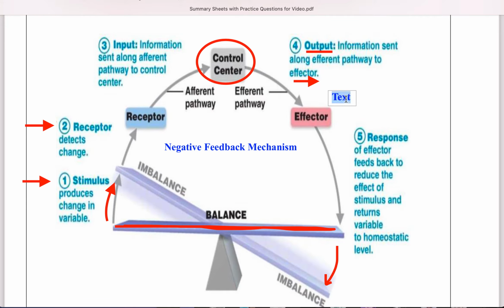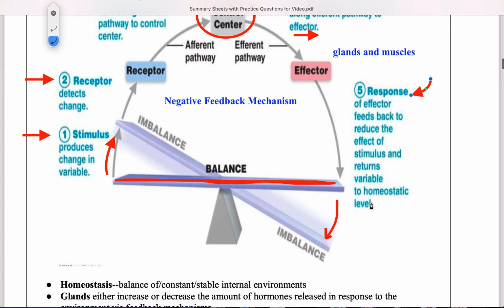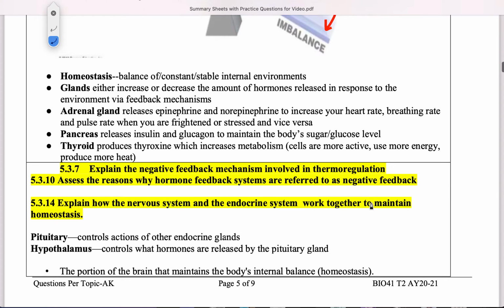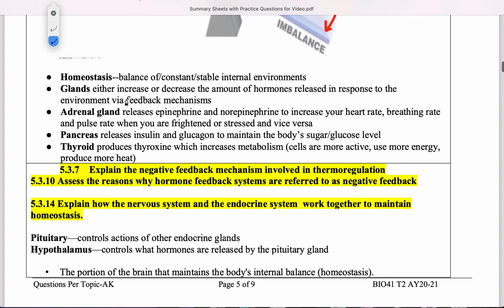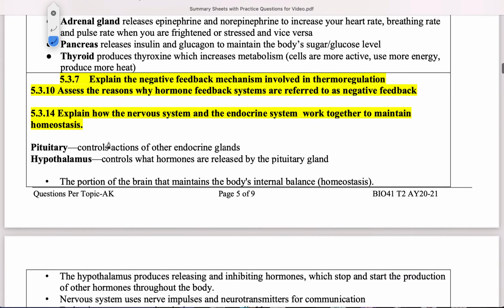I can quickly add: the effectors are glands and muscles. These glands and muscles show a response. So this is a 5-stage process. We will see more examples down. No need to go into these details right now because I have explained all on top. You can quickly read the definitions, like what happens over here.